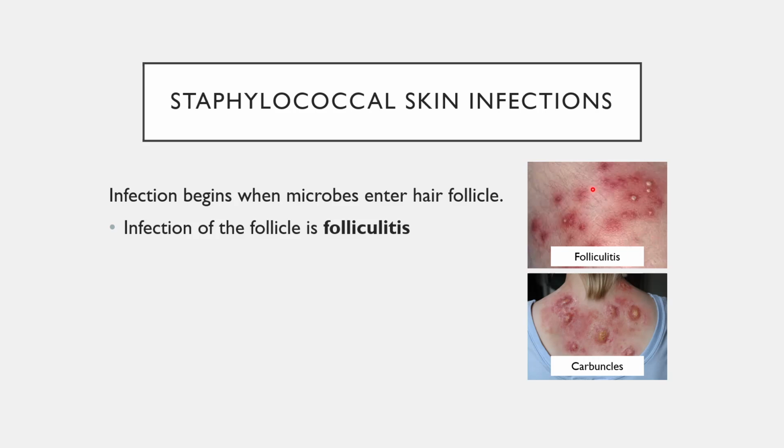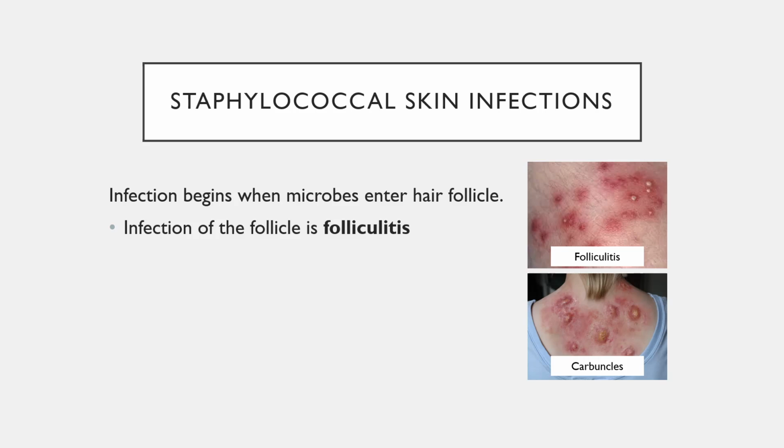upper image. Now, folliculitis is a very mild infection, and Staphylococcus aureus is all around us, so it cannot be avoided. Many people carry it and transmit it just by virtue of touching their nose and then transmitting it to another person.